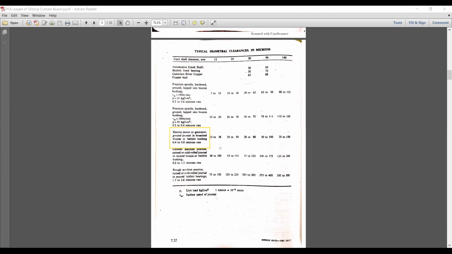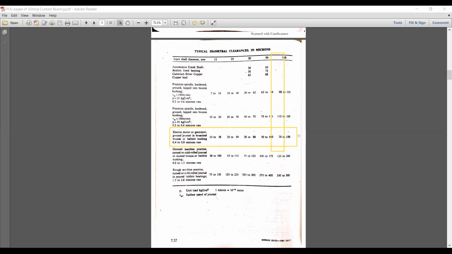Here I am considering the electric motor and generator, which always work at a similar speed, and based on that our values range between 90 and 140, as the value of D is 112. So I am considering the direct value.